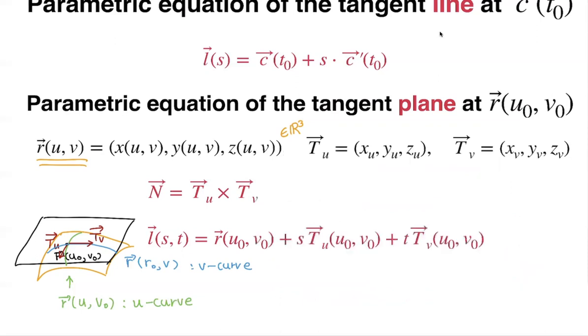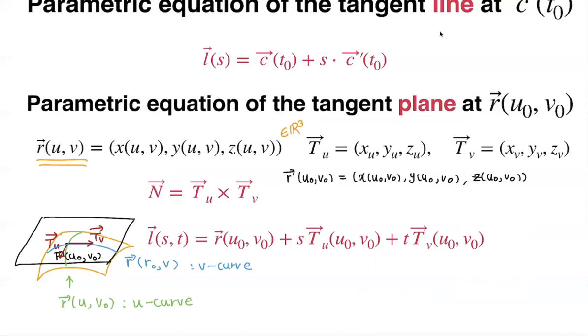In this case, since we know two vectors here, if we take the cross product, then we can find the normal vector. So our normal vector is exactly given by tu cross product with tv. This is the normal vector of our tangent plane, okay? And since we know that r of u0, v0 is our one point, let's say that r of u0, v0 is exactly the point x of u0, v0, comma y of u0, v0, comma z of u0, v0.